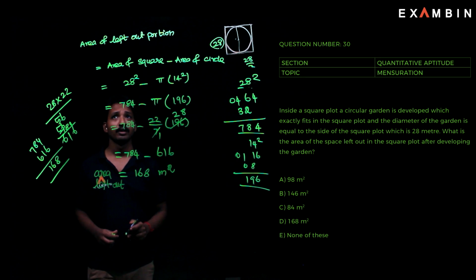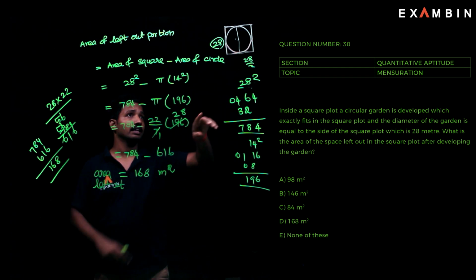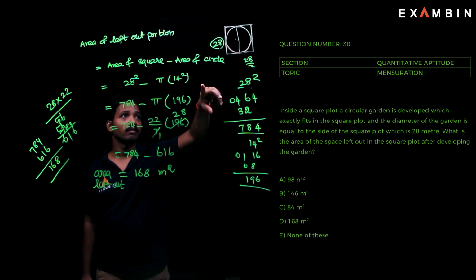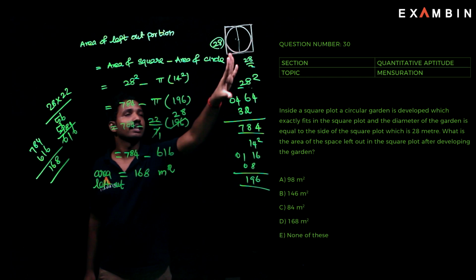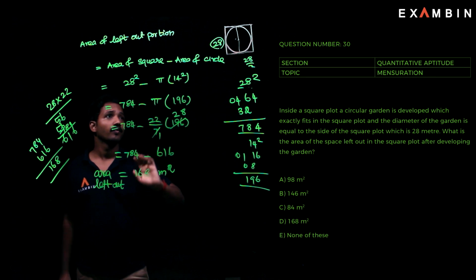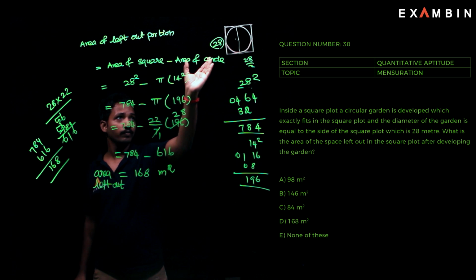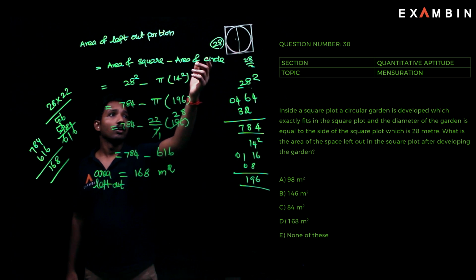A small recap. The question is, inside a square flat, a circular garden is developed, and all the edges are covered. What we need to find is the left out portion's area. To find it, first we find the area of the square and then the area of the circle.